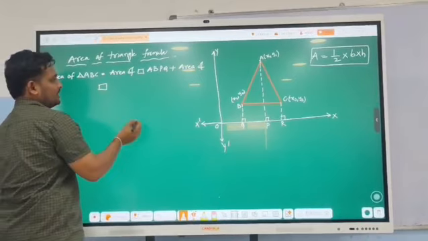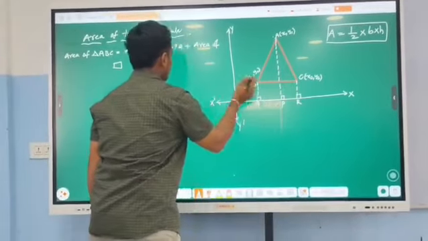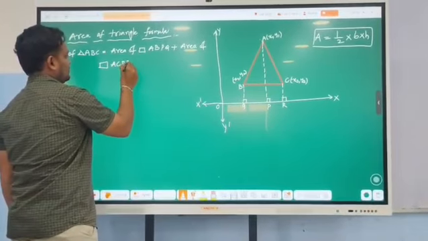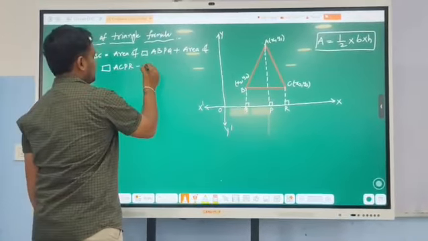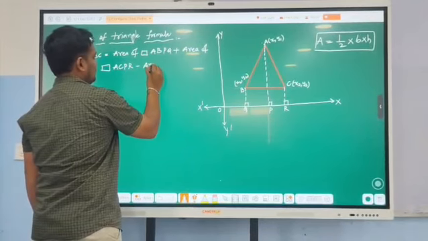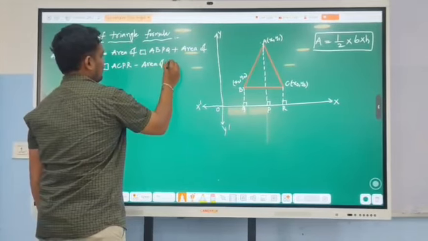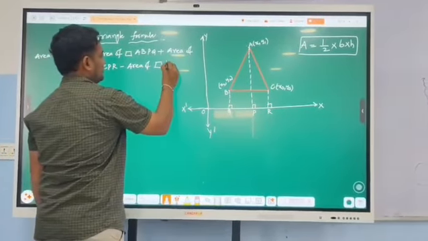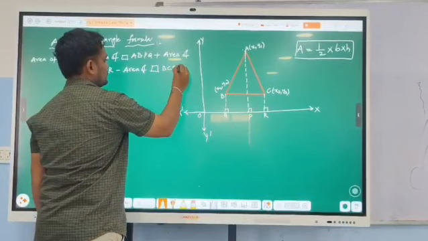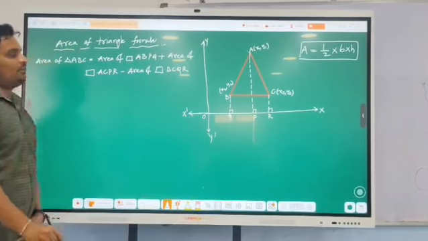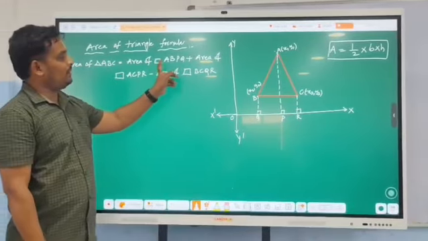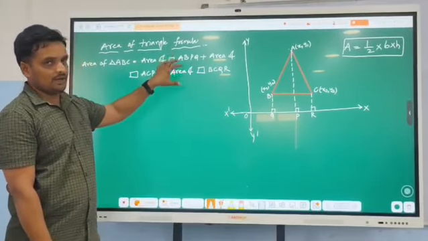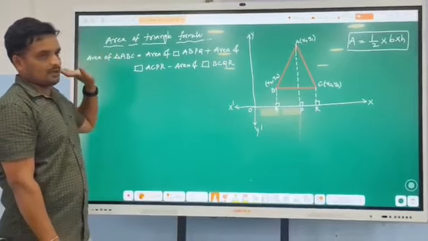The name of the trapezium is, you can see, ACPR, and I will subtract the area of the trapezium, the bottom one, BCQR. So if I add the area of ABPQ and ACQR, I will subtract the BCQR from that. So finally I can get the area of the triangle.